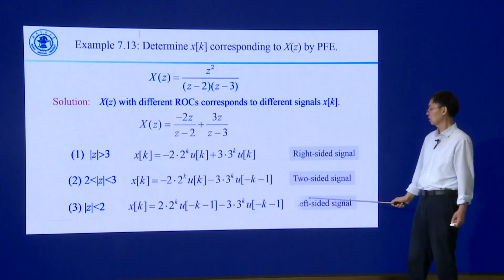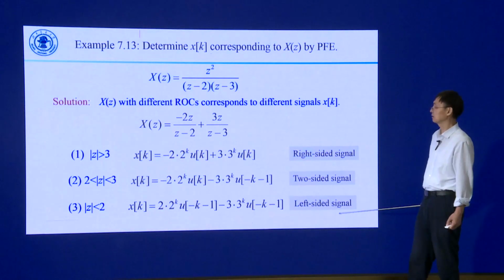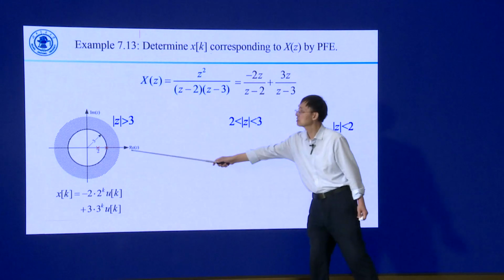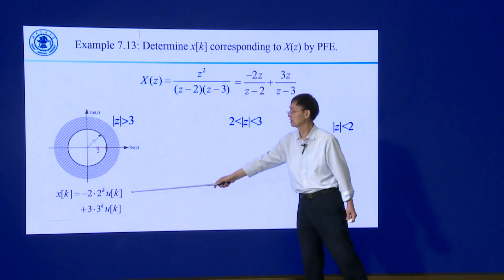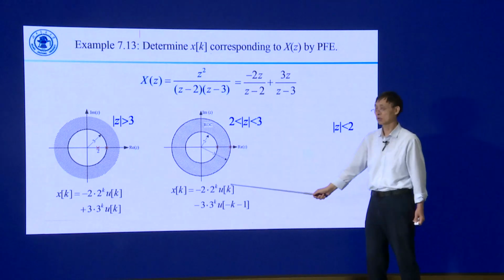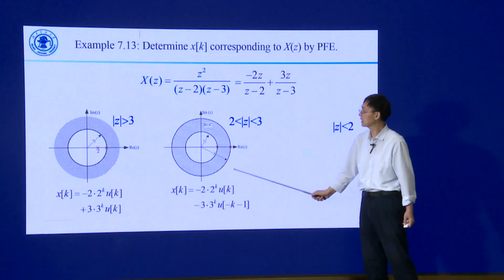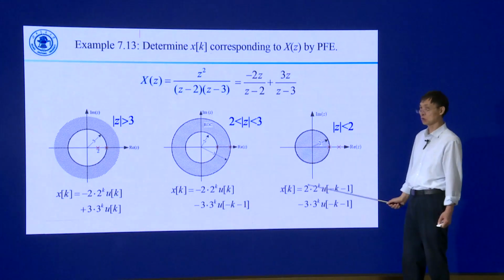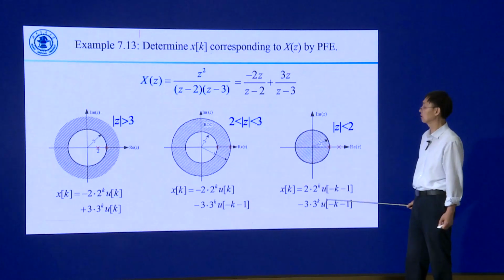This is a left-sided signal. For this region, the signal is a right-sided signal. For this region, the signal should be a two-sided signal. For this region, the signal should be a left-sided signal.